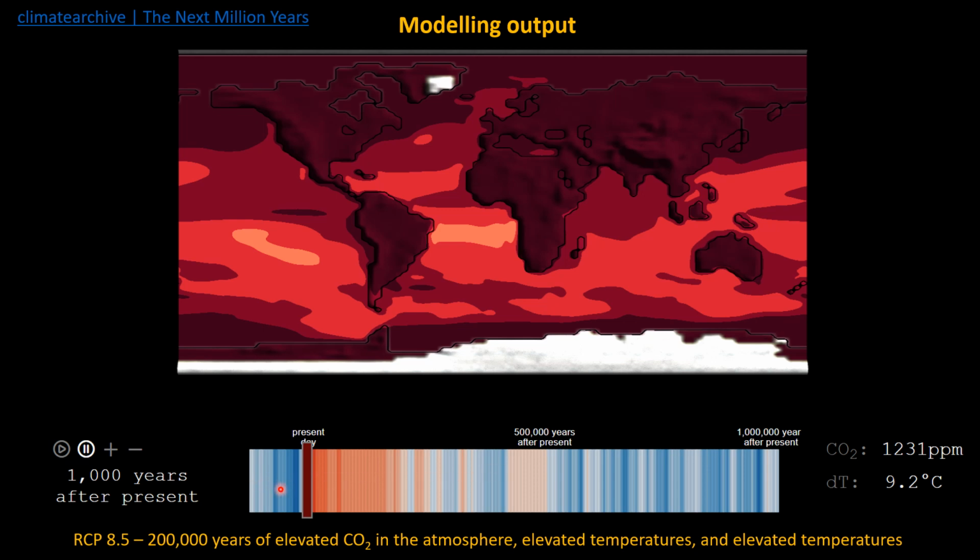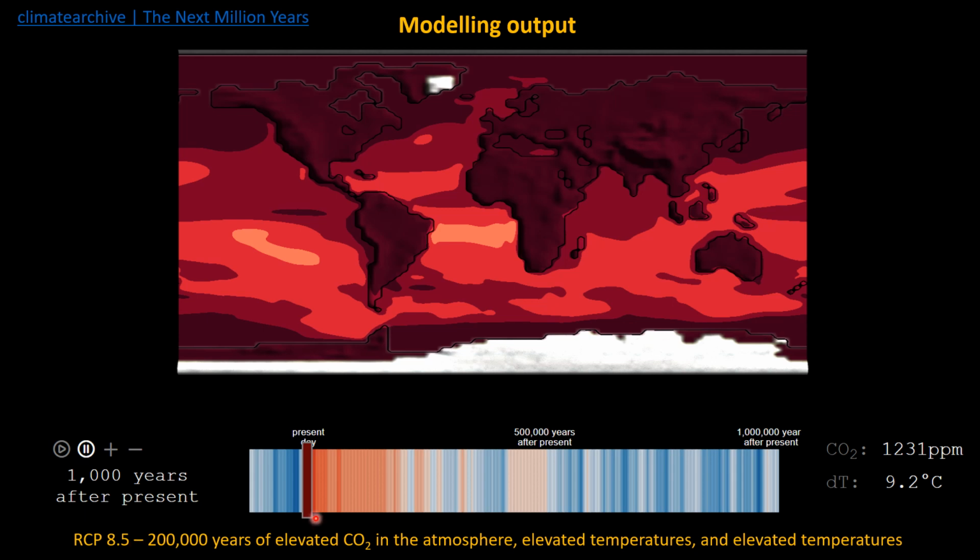And what we see is that when we warm, in the present day, we hit CO2 levels well above 1,000 parts per million, with global temperatures maybe as much as 9 or 10 degrees warmer than present. And it continues to be that warm for about 200,000 years. It takes that length of time for the global Earth system to remove the excess carbon dioxide from the atmosphere. It takes about 200,000 years to try and remove it.